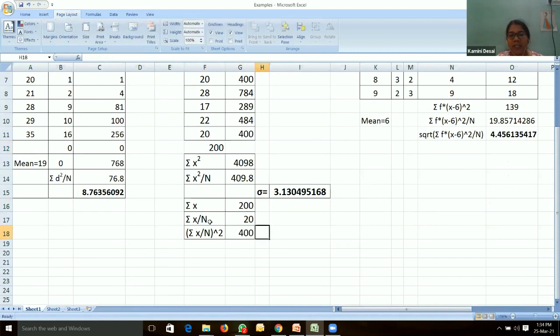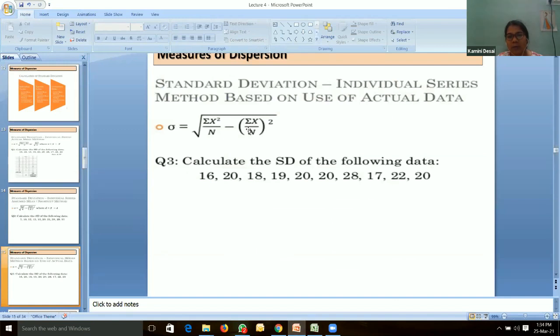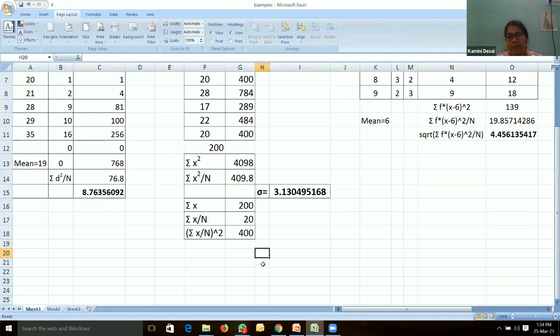Then summation x divided by n. N is equal to 10. And this 20 square, because in our formula it is summation x divided by n whole square. So we got 400.